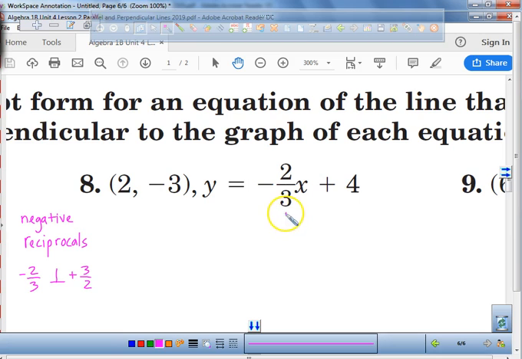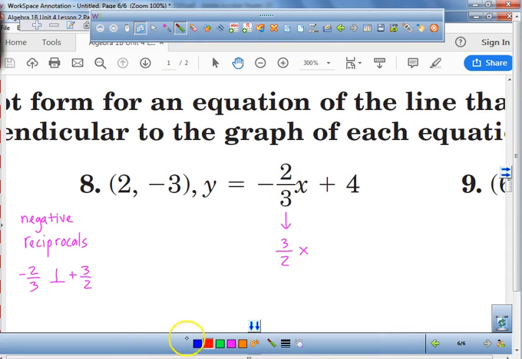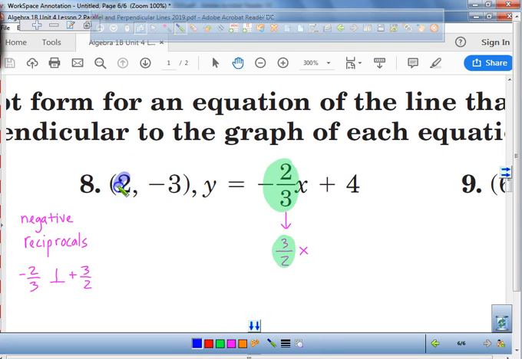So the first thing I'm going to do is change my slope from negative 2/3 to 3/2, because that's the negative reciprocal of 2/3. So we went from this slope to this slope. The next thing I'm going to do is simply substitute this number for my x value and this number for my y value.